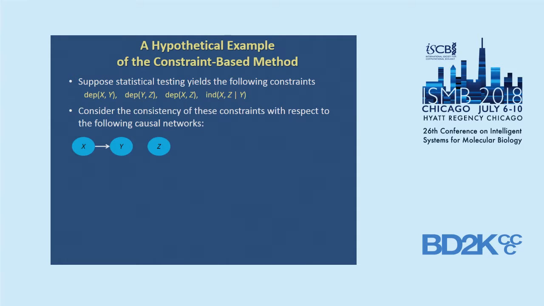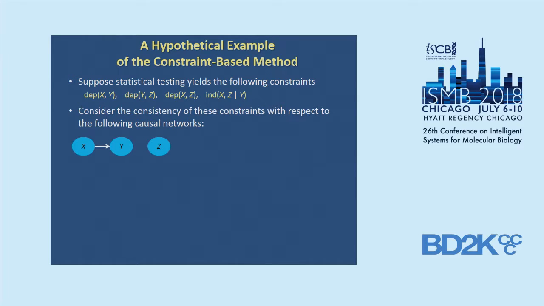This is one network that we're searching over. X causes y, and then we have basically no connection of x and y to z. Is this consistent with those four constraints? No, it's not. In the data, y and z are dependent, but this model doesn't provide any mechanism for y and z to be dependent.